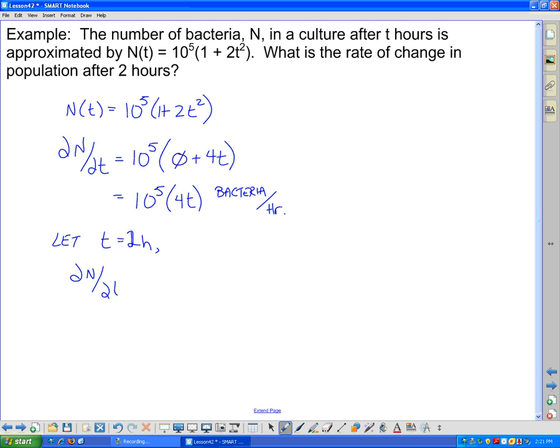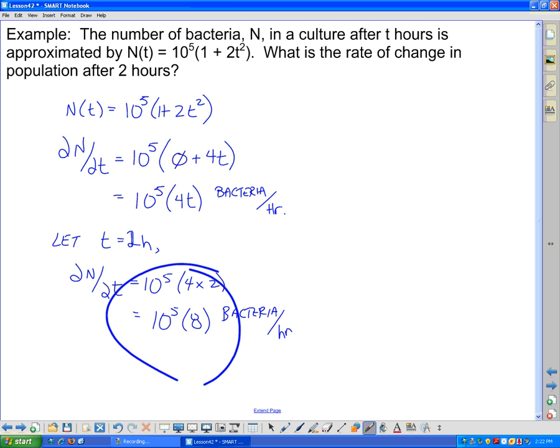So that would mean that our population is changing at 10 to the 5th multiplied by 8 bacteria per hour. So that means that at that point in time, at 2 hours, this is how many bacteria are being produced at that point in time. Okay, so at that exact moment.